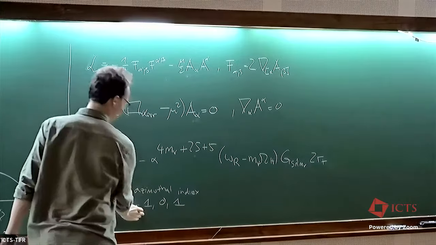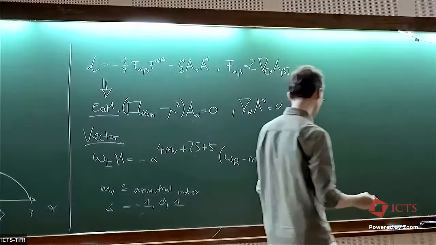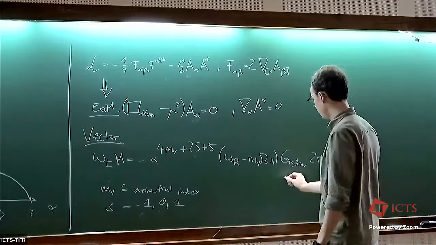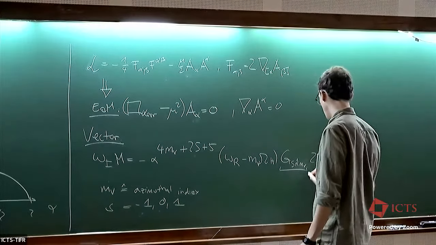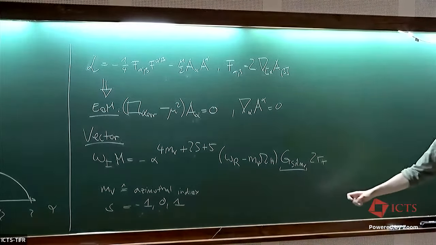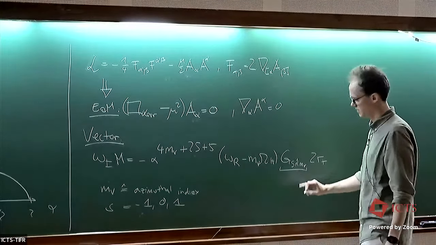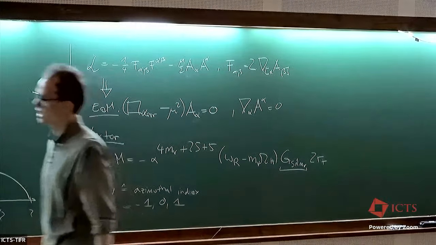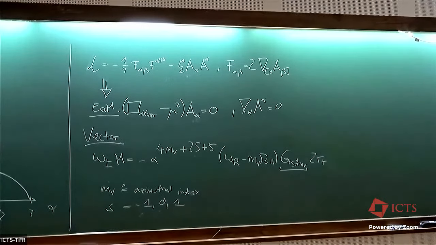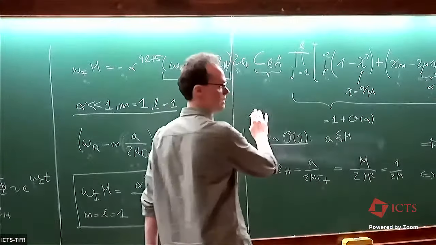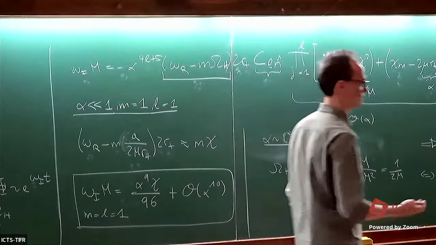It just takes on the values -1, 0, or 1. And then really the only difference is that we have some different numbers. So here I wrote it as G, which depends on all these indices. And G is basically equivalent to this C that I wrote down here, just that the numbers are slightly different. Okay?